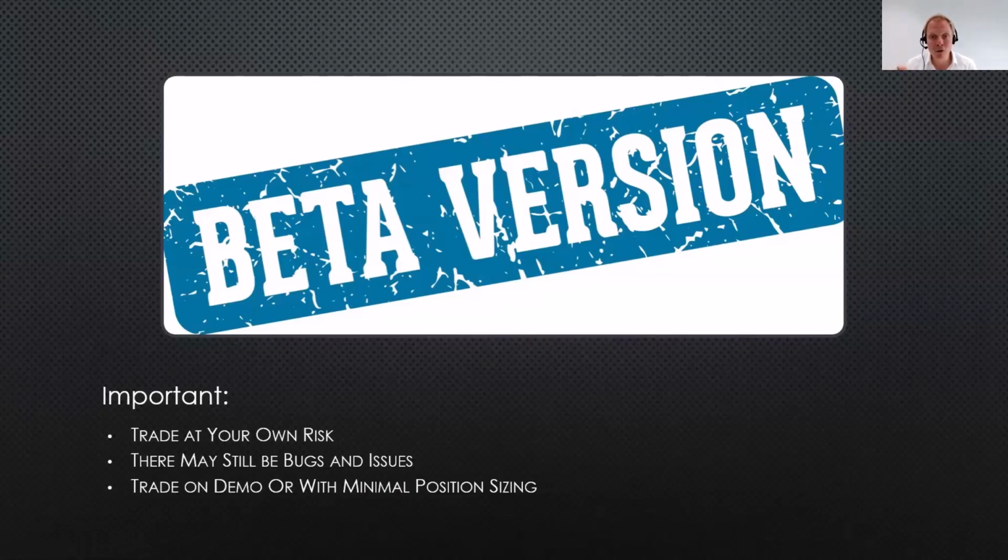And until the full version is out, please always keep this in mind. Trade at your own risk. There might be bugs which potentially cause errors in your trade execution. Trade small with minimal position sizing, or perhaps only trade on a demo account. So please keep this in mind. This is still a beta version, which is a completely normal process.